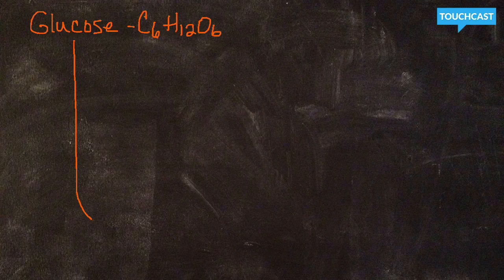And remember, the chemical formula for glucose is C6H12O6. So we have 6 molecules of carbon. And in the very first step, this is where we're going to use our ATP. Now I'm going to draw a long line like this, because glucose, the 6 carbon molecule, is broken down into 2 3 carbon molecules.